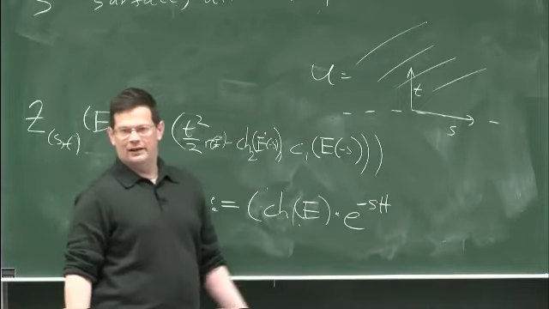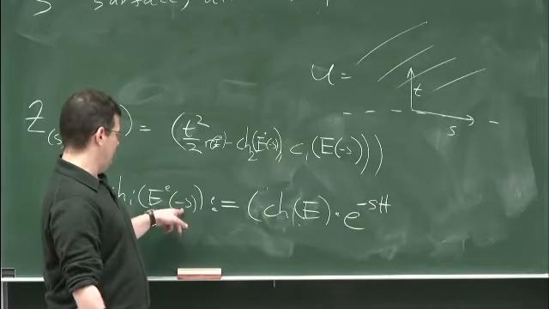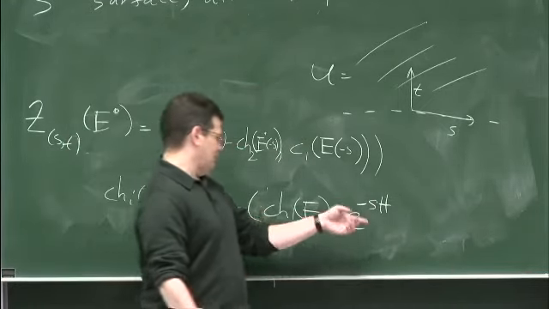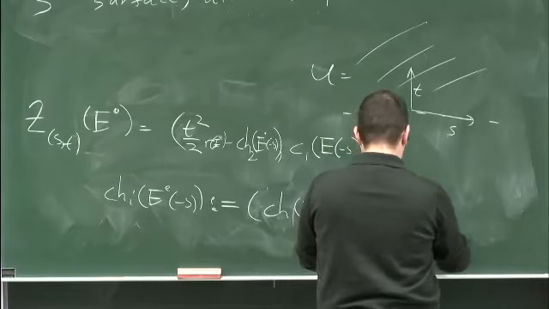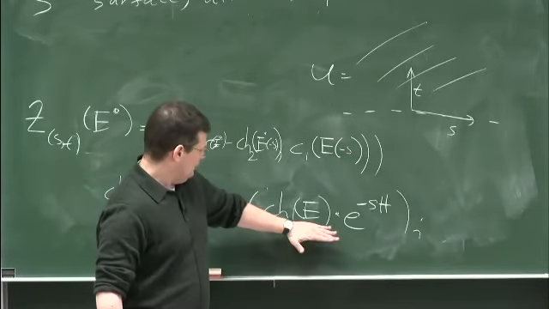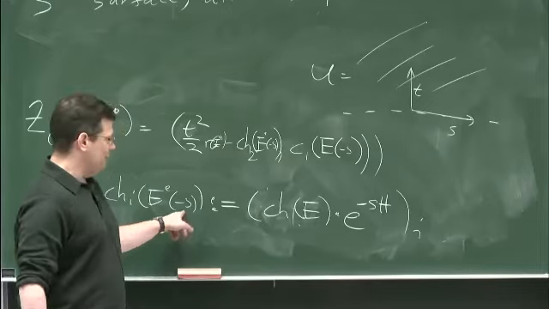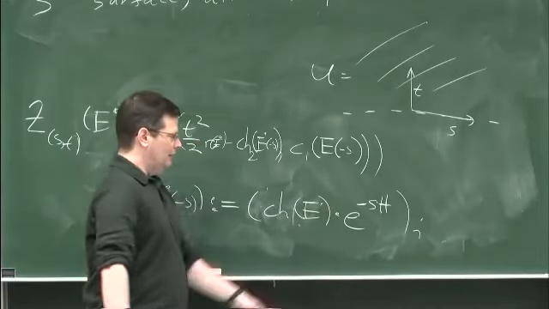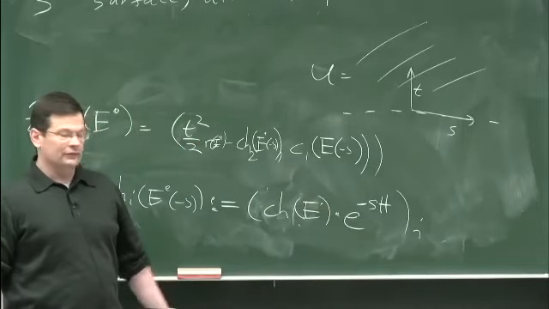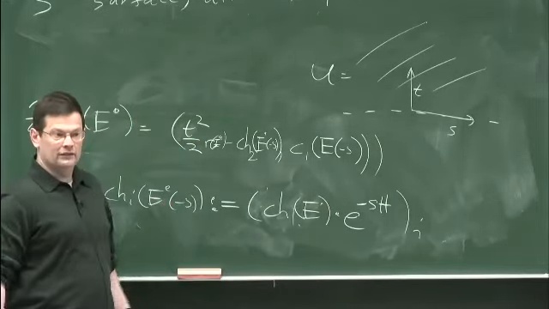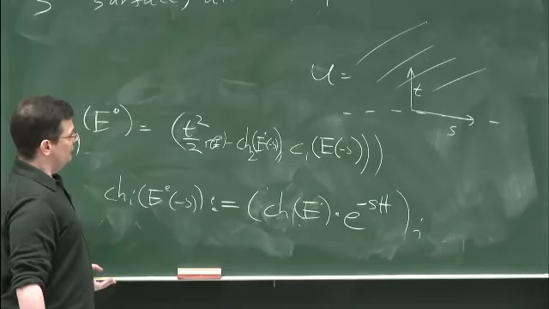The problem is that s might not be an integer, so this is not an actual line bundle, but it doesn't matter. This is a formal thing in the ith spot. So this is what the Chern character of E of minus s would be if s were an integer, if this was really the twist by minus sh.